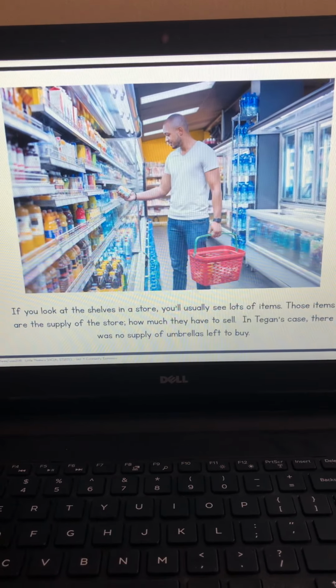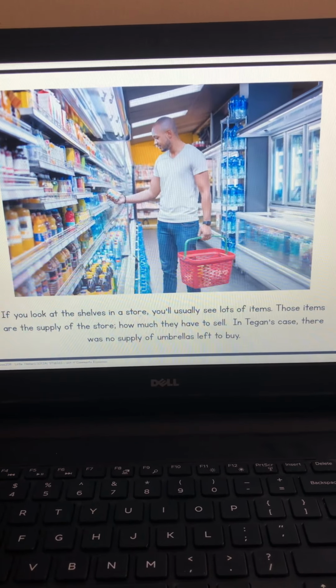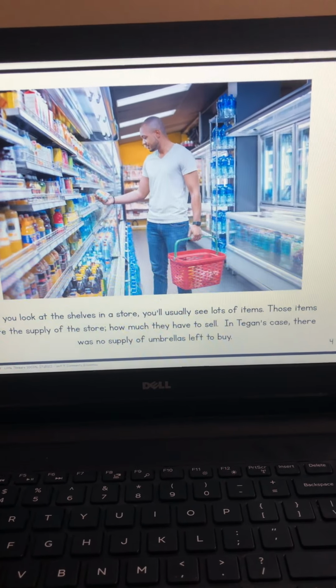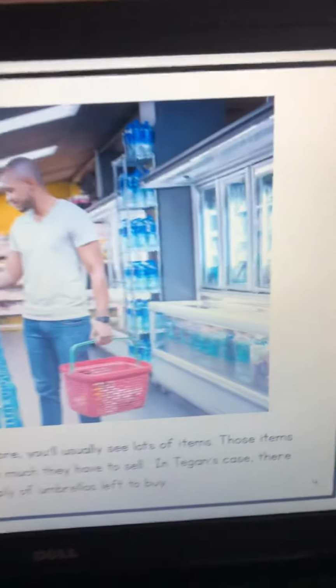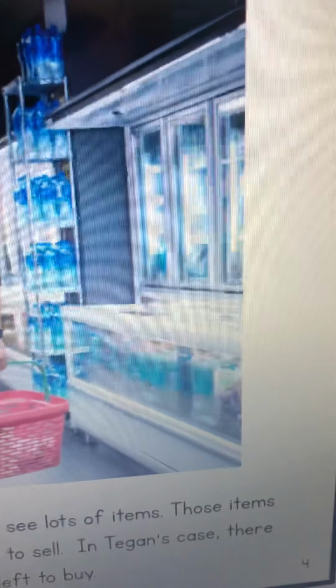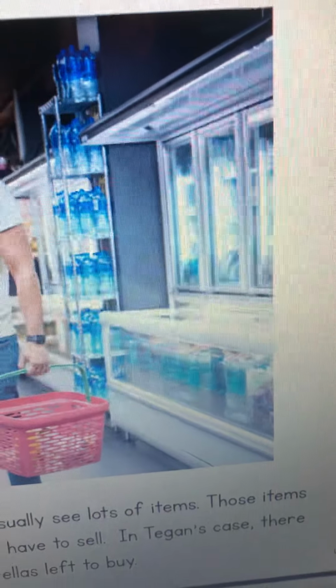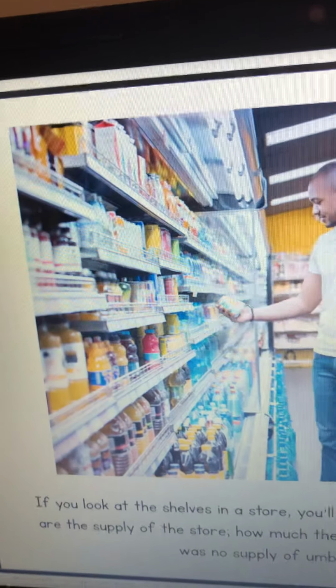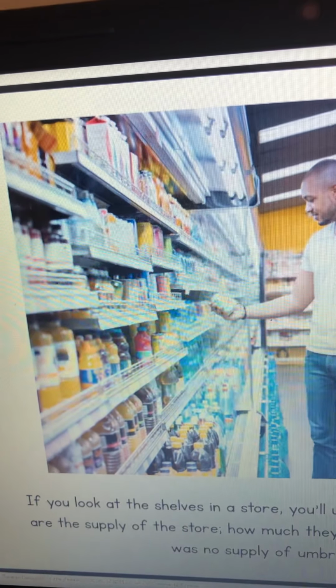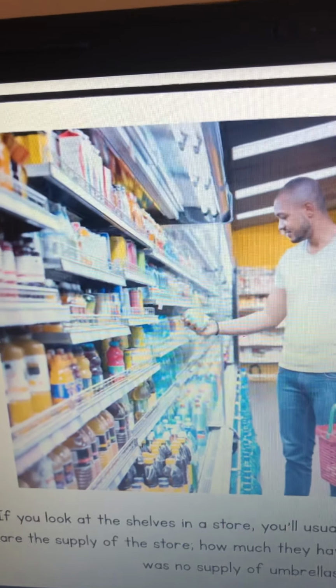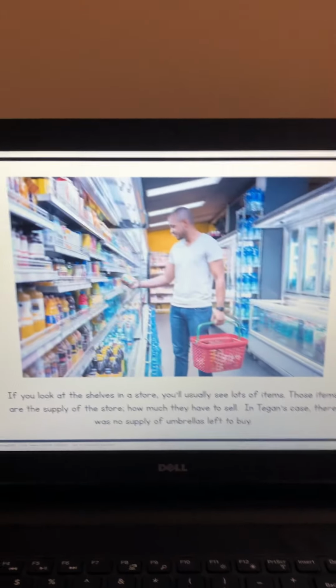In Tegan's case, there was no supply of umbrellas left to buy. So you can see in this picture, pretty high supply of water bottles on this side. So that means there's a lot of water bottles left to buy. And it looks like most of the stuff has a high supply in the store. It's not something a lot of people have bought yet.